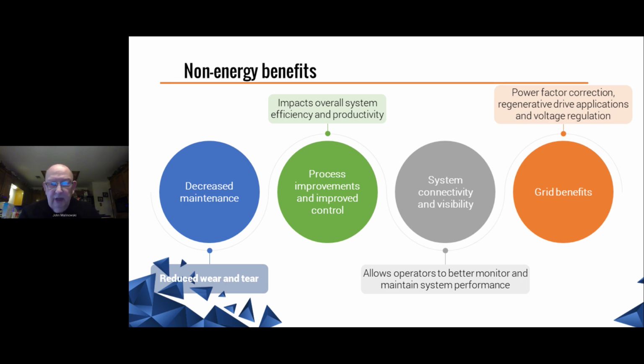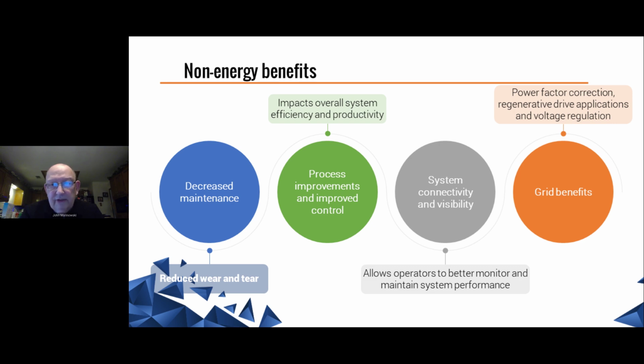You've got system connectivity and visibility. You can remotely monitor what's going on. You can see if something is out of spec, if it's overloaded or even underloaded. If something is not feeding into the system like it should, you can set up an alert for that as well.